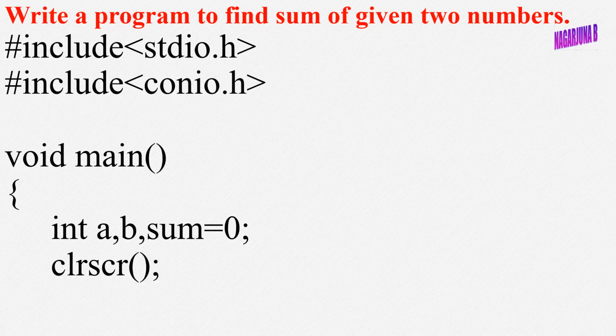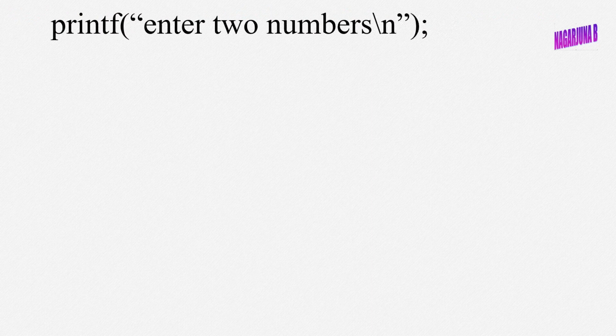Then clrscr(); Then next we need to ask the user to enter two numbers. For that purpose, printf within the brackets, within the double quotes, "enter two numbers \n"; Then we need to read those two numbers which have been entered by the user.